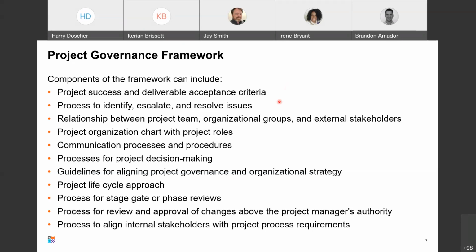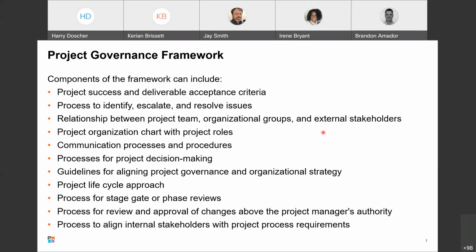A process to identify, escalate, and resolve issues. So you want to document all these things so that there are no questions about it if something occurs, like you need an issue resolved. Where do you go for that? Make sure it's written down.